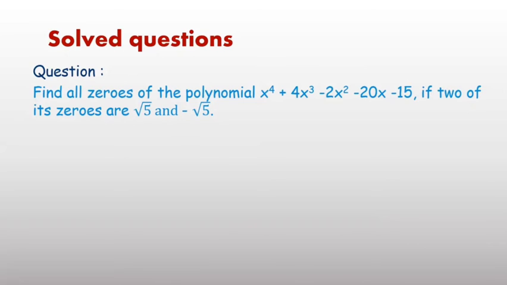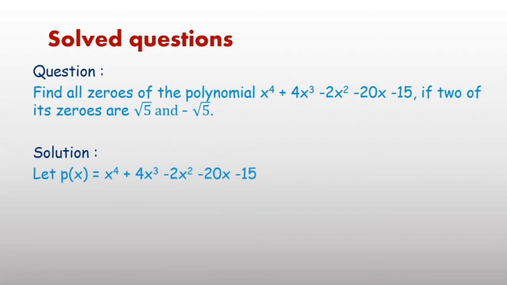If a polynomial is given as x power 4 plus 4x cube minus 2x square minus 20x minus 15 and two zeros of the polynomial are given, since the degree of the polynomial is 4, you will get 4 zeros of this polynomial. Two zeros are given, you have to find the other 2 zeros.